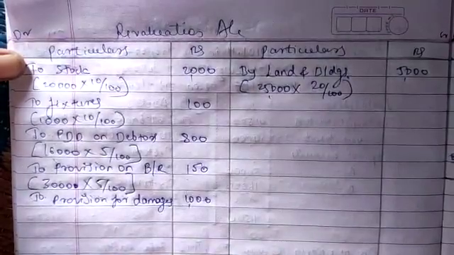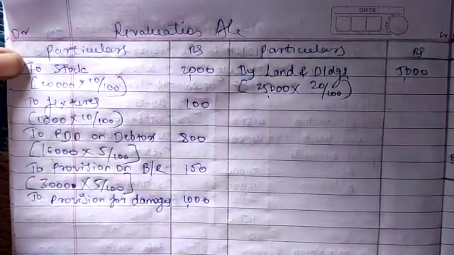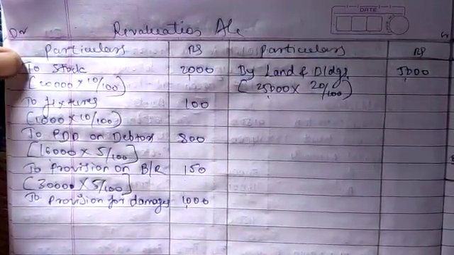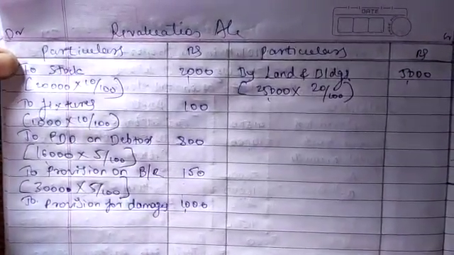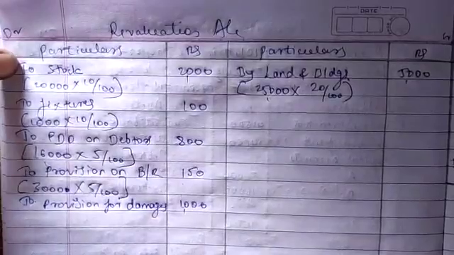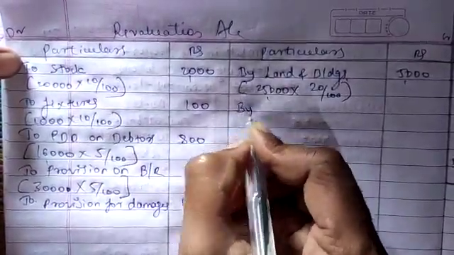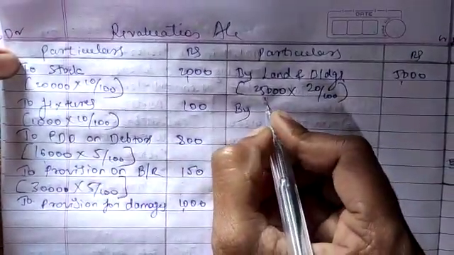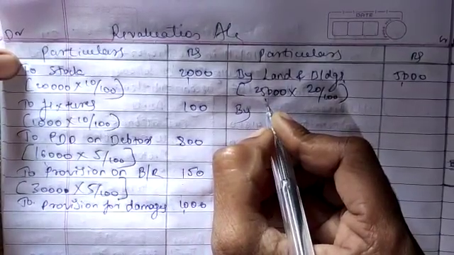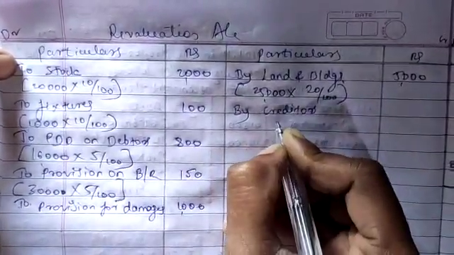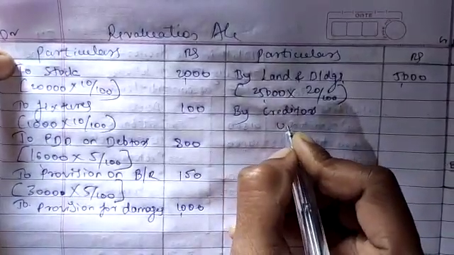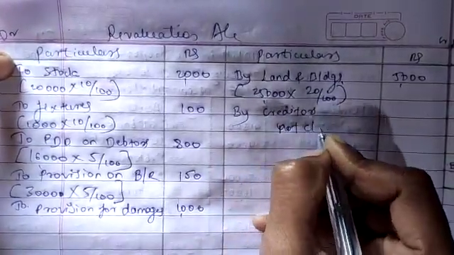Next one, an item of rupees 650 included in the sundry creditors is not likely to be claimed. So hence it is written off or written back. So it is a decrease in the value of a liability, on the credit side. So here creditors written back or unclaimed.